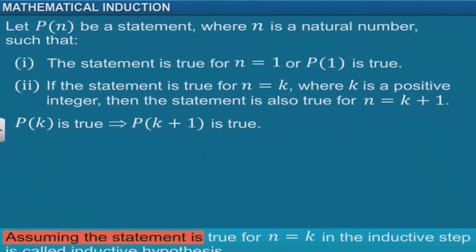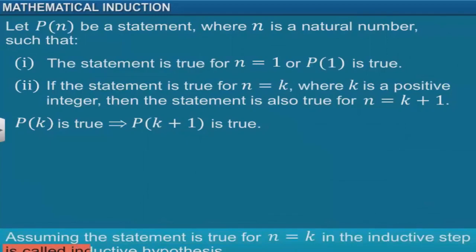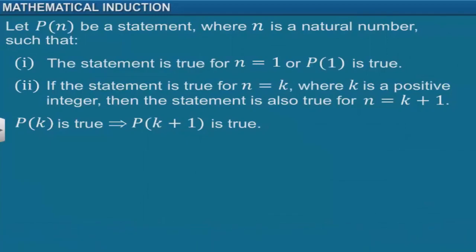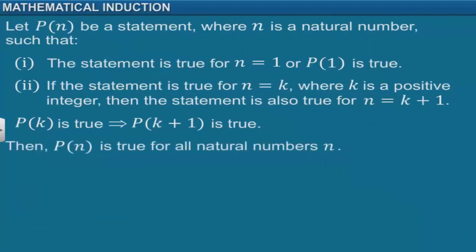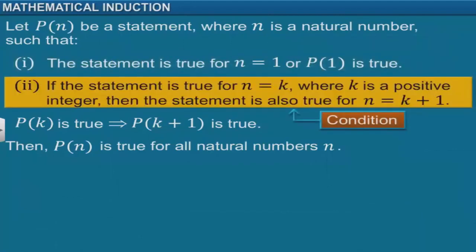Assuming the statement is true for n equal to k in the inductive step is called inductive hypothesis. Then, P of n is true for all natural numbers. Principle 1 is a statement of fact, while Principle 2 is a condition.